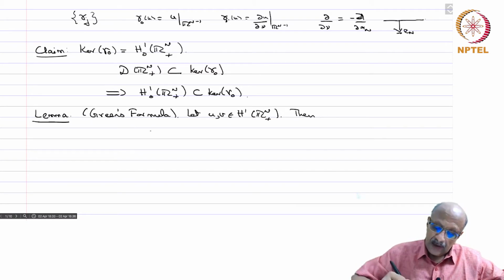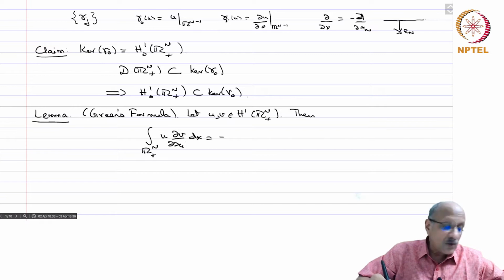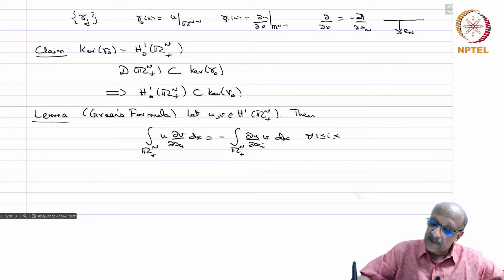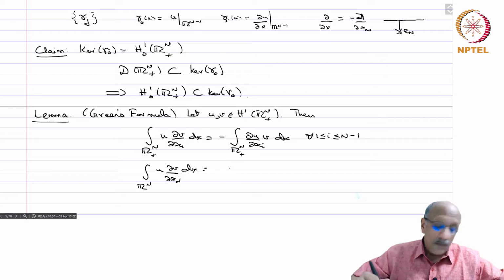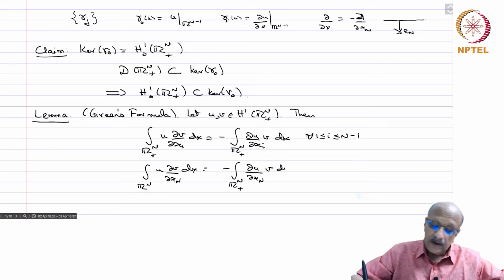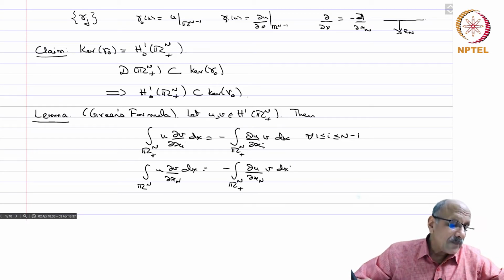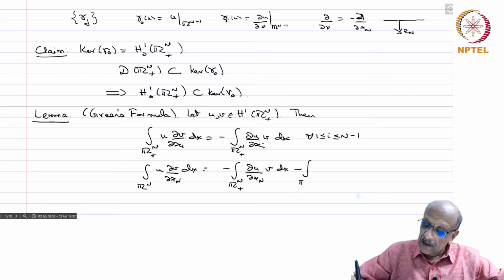Then the integral over R^n plus of u dv/dx_i dx is equal to minus the integral over R^n plus of du/dx_i times v dx, for all 1 less than or equal to i less than or equal to n minus 1, and the integral over R^n plus of u dv/dx_n dx is equal to minus the integral over R^n plus of du/dx_n v dx minus the integral over R^(n-1) of gamma naught u gamma naught v dx'.